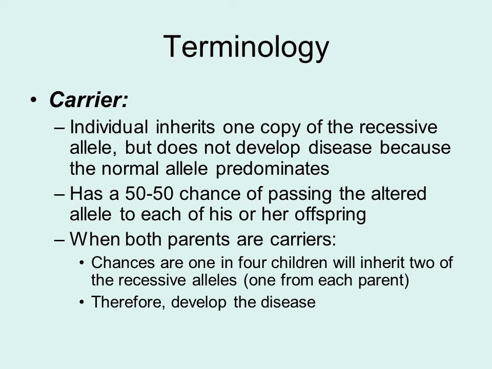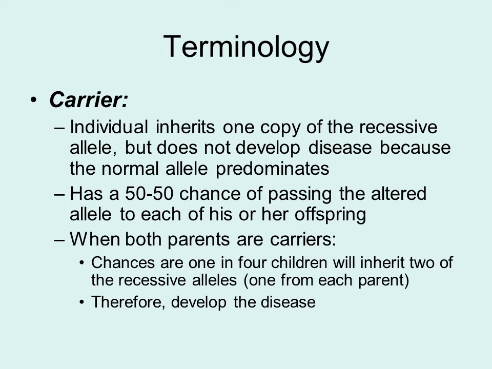A carrier is a term that we use when referring to someone who is heterozygous. Typically, we use this when talking about an individual that has a gene for a disease or some disorder or abnormality. They are not showing that disease or that disorder because they have a dominant gene, and that's the one that's going to be expressed.